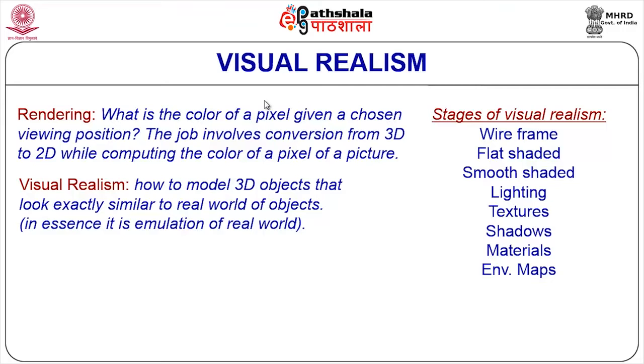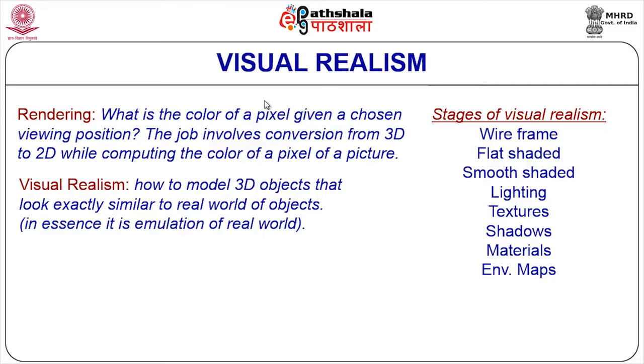So, what is actually rendering? We will be computing the color of a pixel given a chosen viewing position. So, what should be the final color of a pixel? For example, imagine a 3D world, a collection of objects are there, and now we are choosing a position in the 3D world and taking a view of the 3D world. From the chosen position and orientation, how does the world appear?